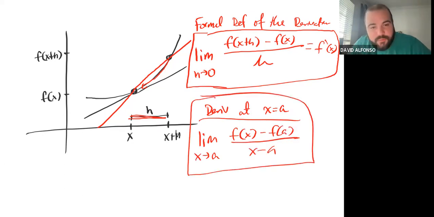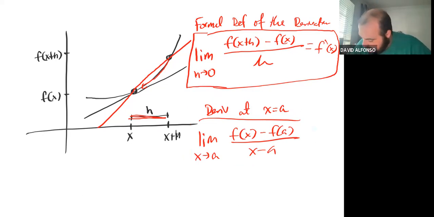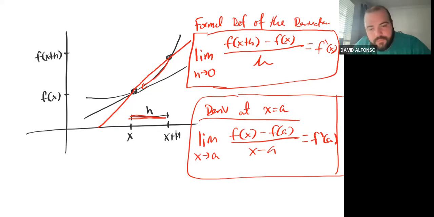And if you solve that limit, that will give you the slope of the tangent line at x equal a. So that's the alternative, and the first one is the formal. This is equal to f prime of a, right? So that's your alternative definition.